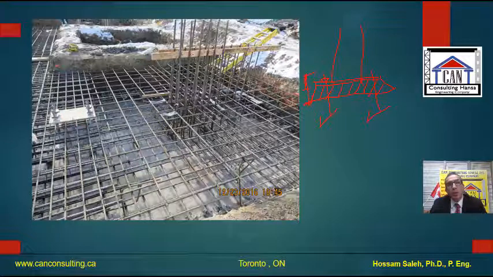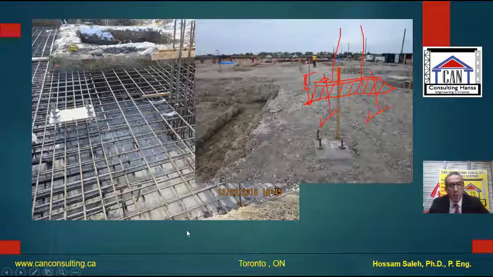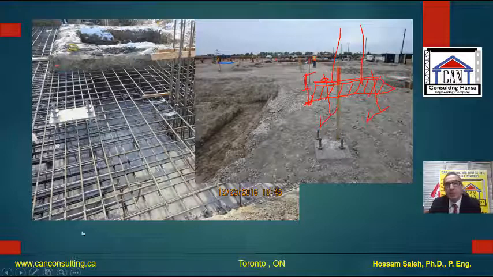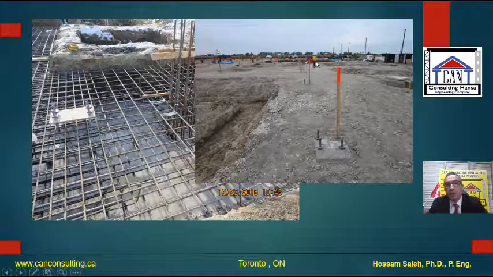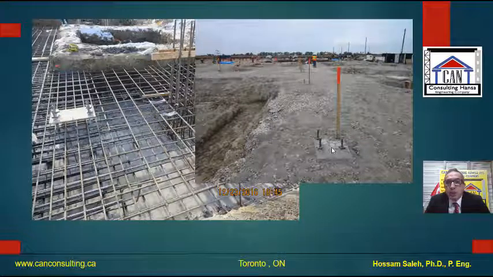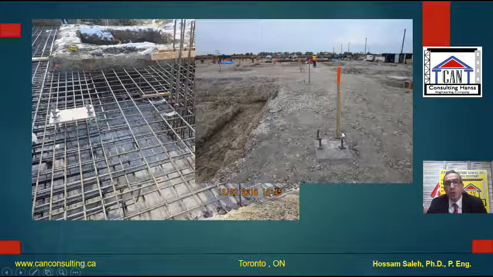And here you can see in this foundation you have other dowels for the concrete columns. Now if we move forward, you can see from this picture, that's one of the biggest projects I actually worked on. It's very huge from the footprint point of view, and it's a very big construction company.